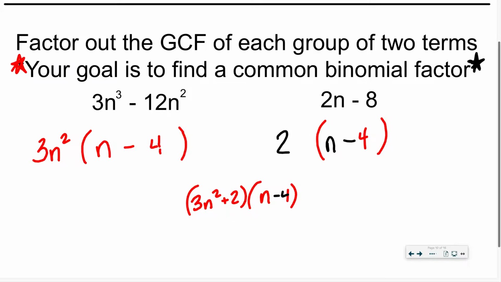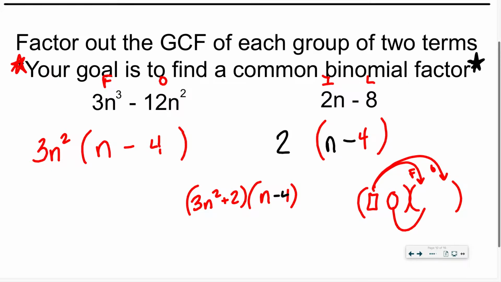For those of you that need that visual, this would have been the result of the F and the O of FOIL, and this would have been the result of the L and the I. By finding the greatest common factor of those first two terms, I'm finding this, and what is left. And then I can backtrack. The only thing I could have taken out that would have left me with the n minus 4 would be the positive 2.